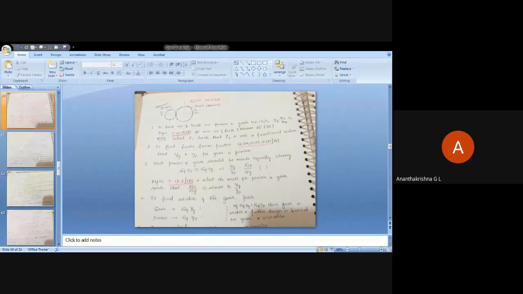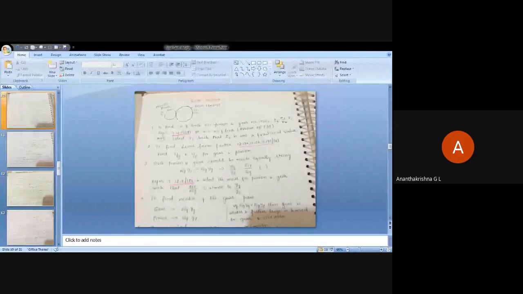Where is it? Where is share screen? Are you able to see the table now? No, sir. How to get it?